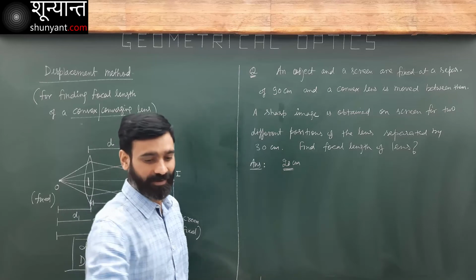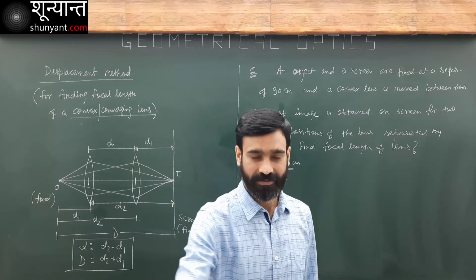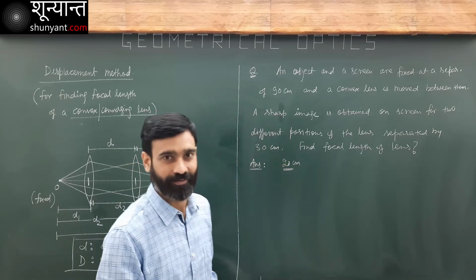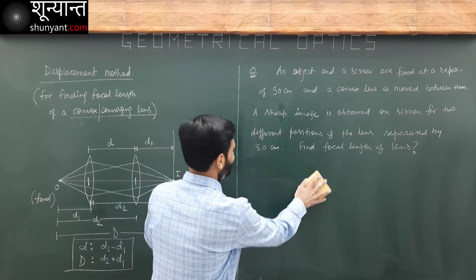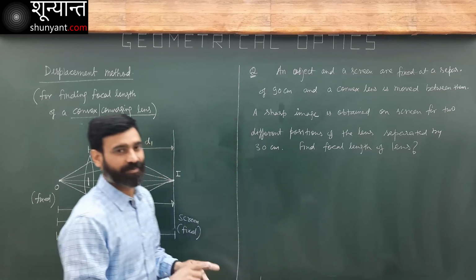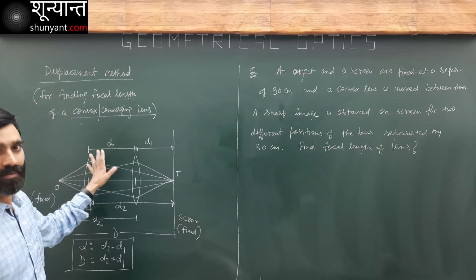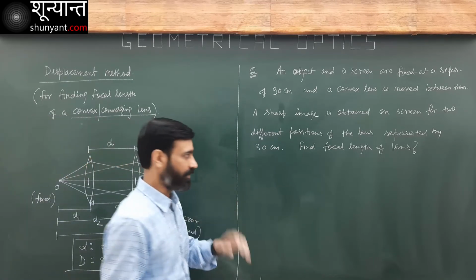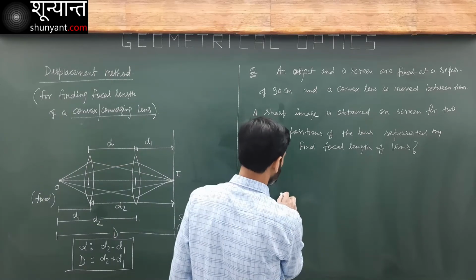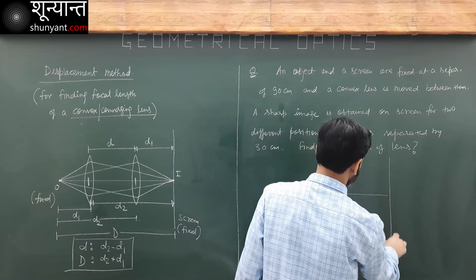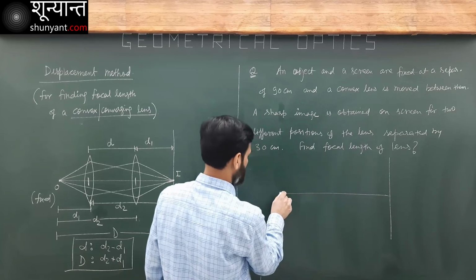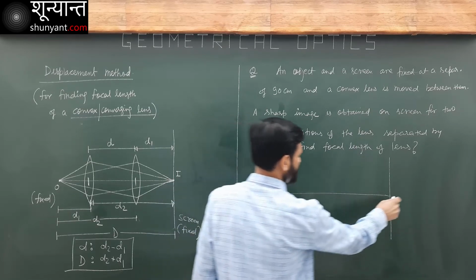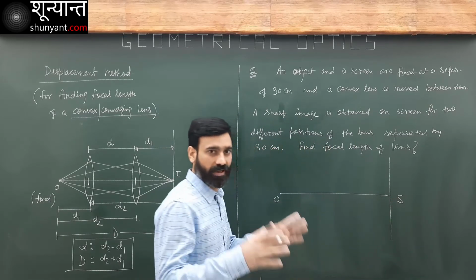Now try solving it. We are going to solve it right now in this class itself. Forget about this displacement method. Forget about the formula. Let's first try to understand the problem. I have an object and a screen, both are fixed.